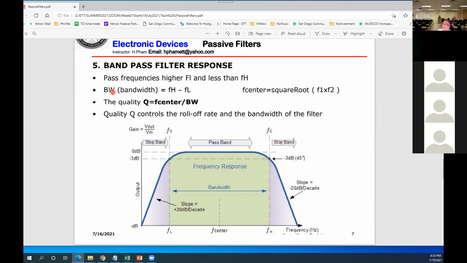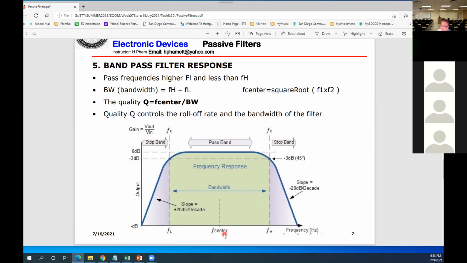Bandwidth equals F high minus F low, that means the higher cutoff minus the lower cutoff, and you get the bandwidth. The quality factor of the filter equals F center divided by the bandwidth.